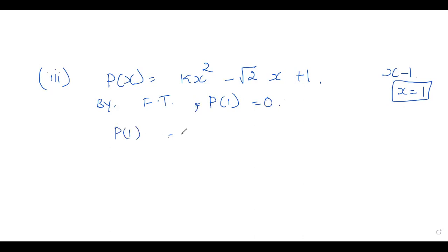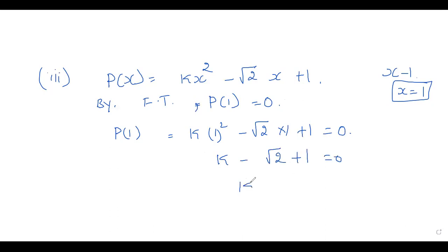So P of 1, that is k into 1 square minus root 2 into 1 plus 1 is equal to 0. So k into 1 square is nothing but k, minus root 2 into 1 plus 1. So k is equal to, I'm going to shift these two terms to the right side. If you shift minus root 2 to the right side, it will become plus root 2. If you shift plus 1 to the right side, it will become minus 1. This is what our value of k is.